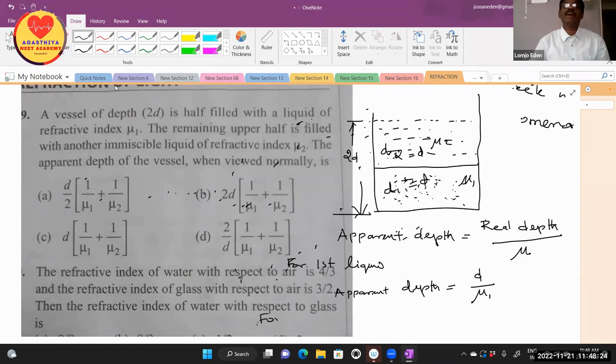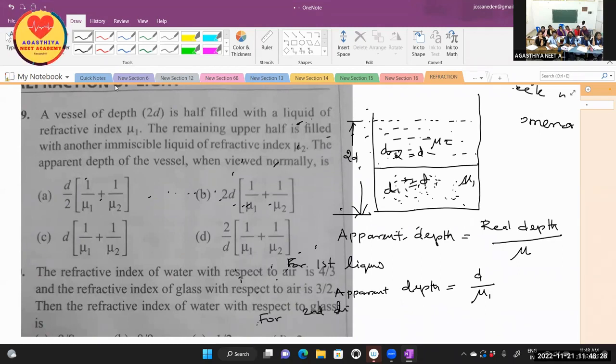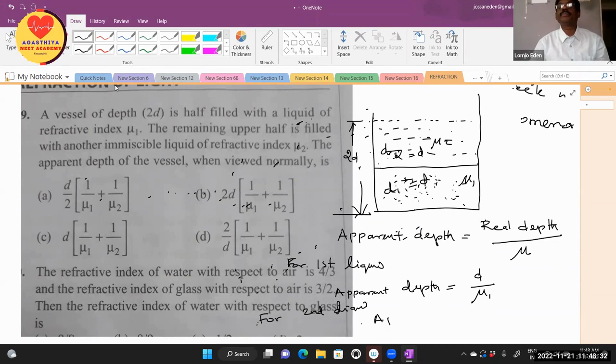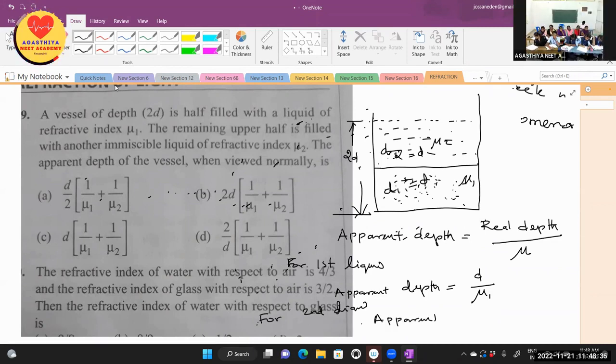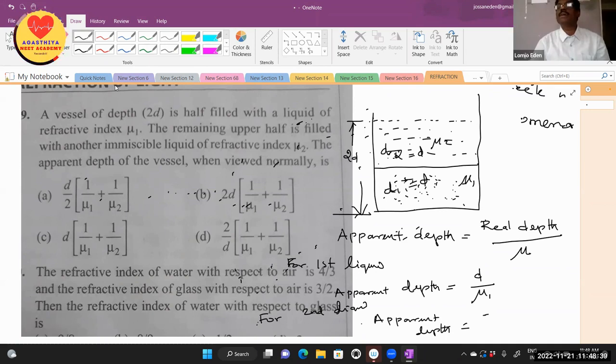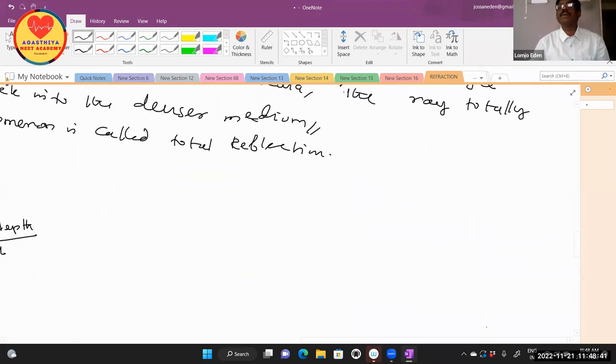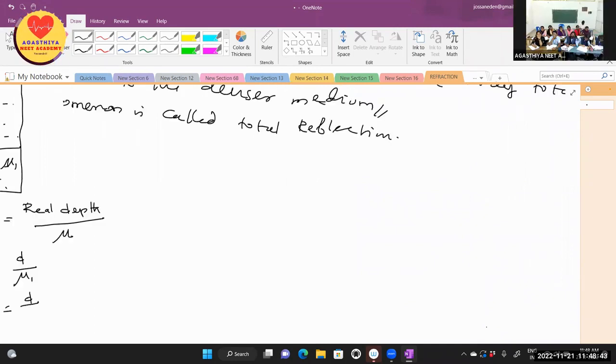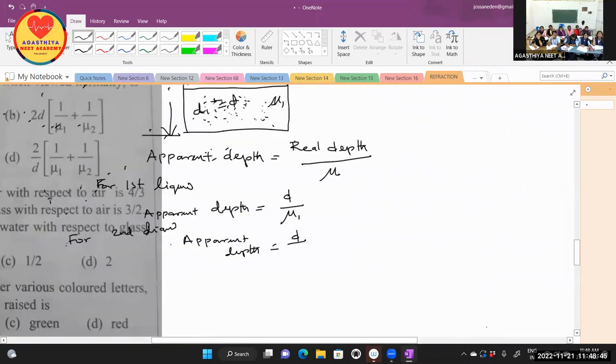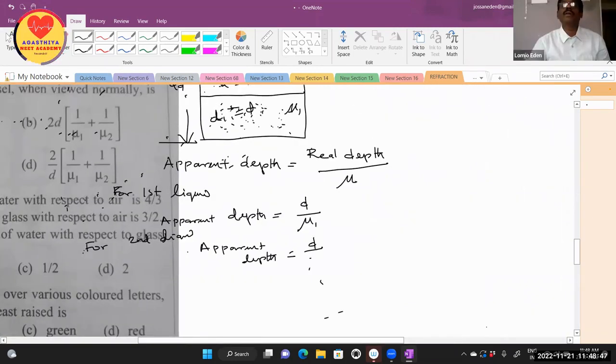For the second liquid, apparent depth is D divided by mu2.